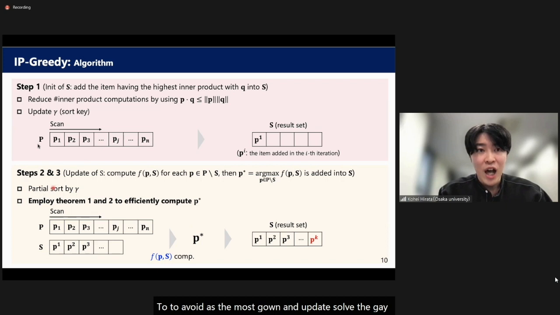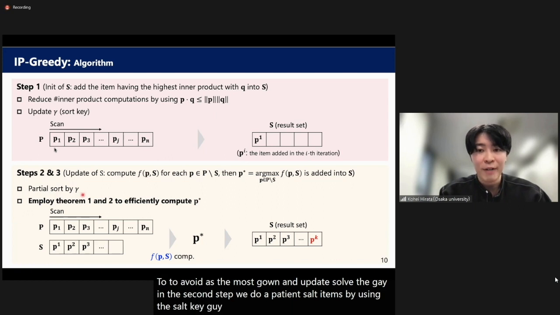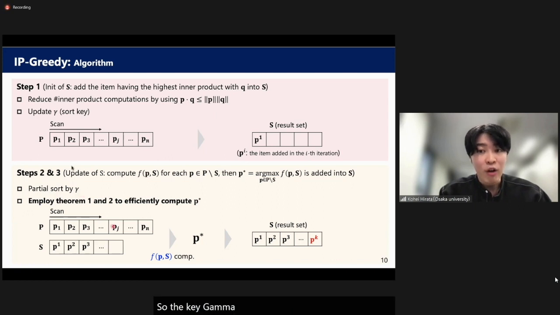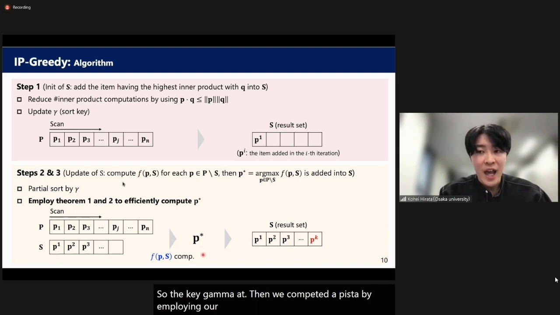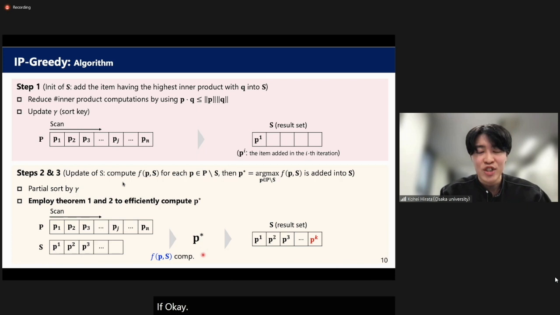In the second step, we partially sort items by using the sort key gamma. Then we compute p star by employing theorems 1 and 2. And step 3 is to update S until the size of S becomes K.